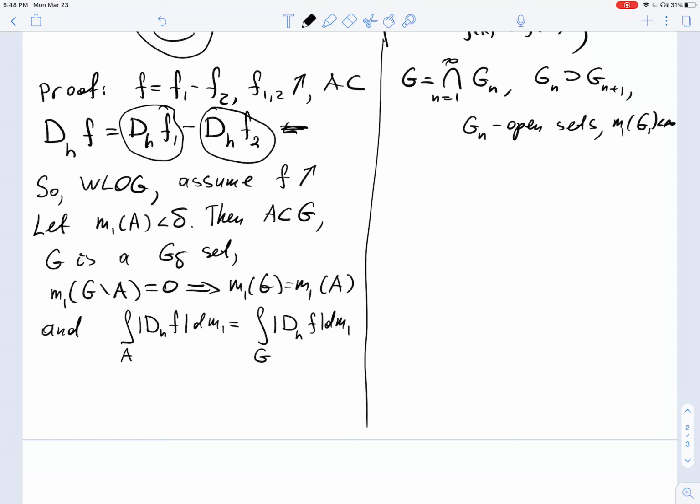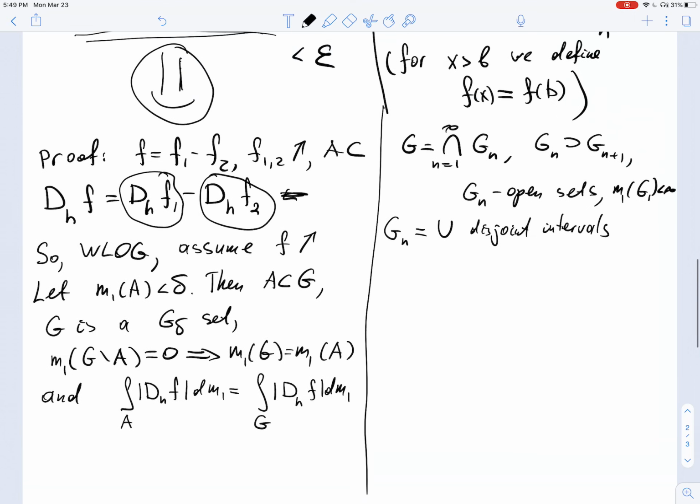And each Gn, because it's open, is a union of disjoint intervals. Now, some of you like to catch me about the disjointness, so we can, for example, take a disjoint union of half-open intervals. Half-open will be fine. We can also take a union of open intervals. It will still be disjoint. They won't cover Gn, but they will cover Gn almost everywhere, with a measure zero error, which is also fine.